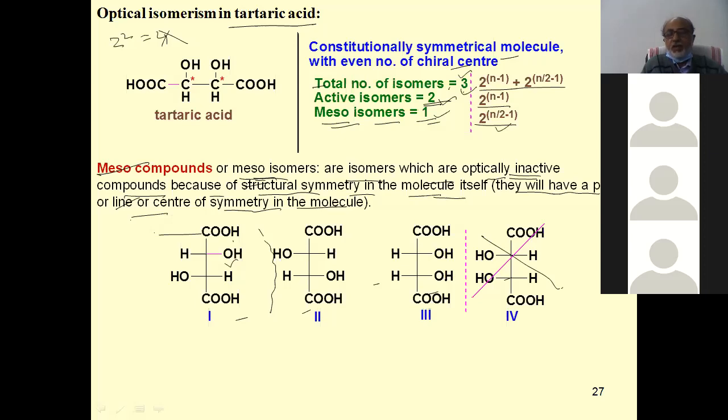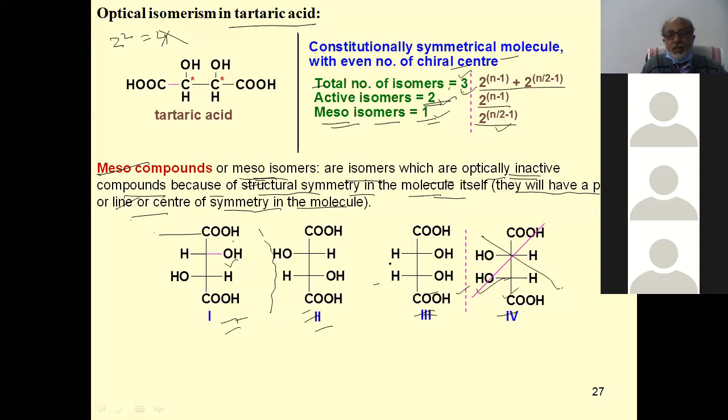We'll take up their configuration also. At that time we'll see again that they are the same. 3 and 4 are the same. They are not different. Now, why are they the same? Here also it is a mirror image. You can say that this is also a mirror image. How are they not different? We'll see this one. But this one and this one are the same. So the number becomes 3, instead of 4. Of these, 1 and 2 are active isomers and 3 is the meso compound.